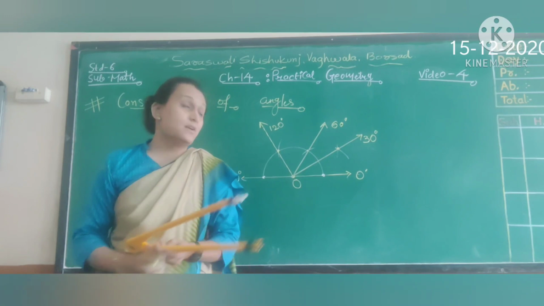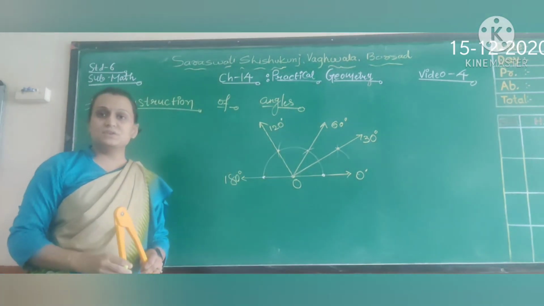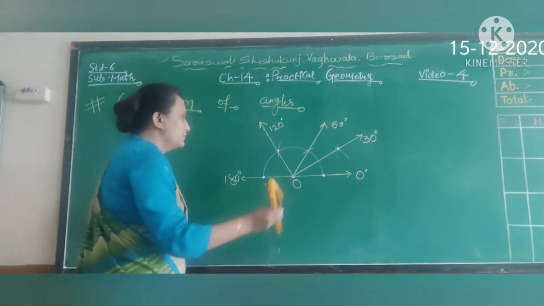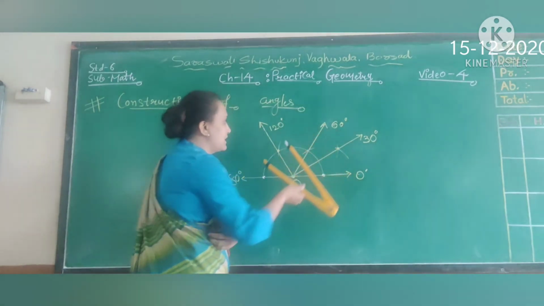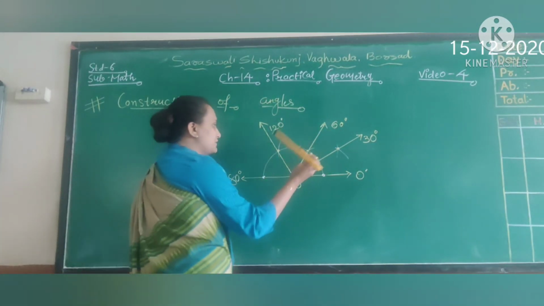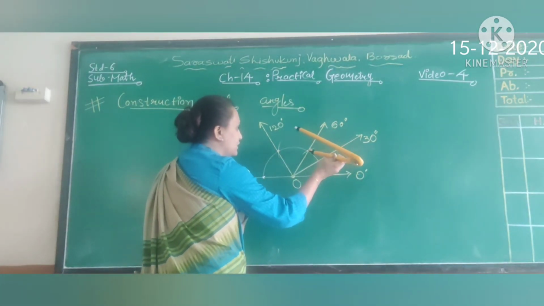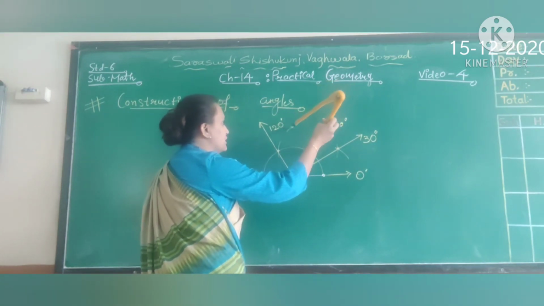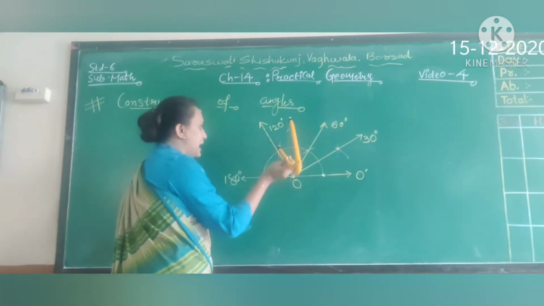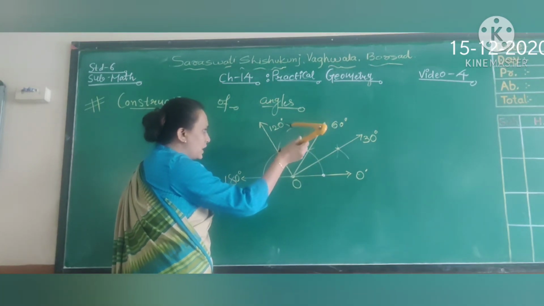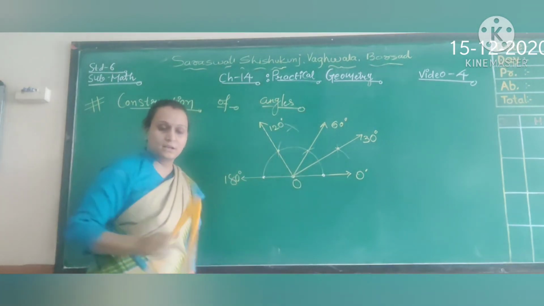Clear? In the same way, if you want to draw 90 degrees, which is your right angle, 90 degrees lies between 60 and 120. So with the same measurement, we have to draw an arc from 60 degrees as well as from 120 degrees. Clear?